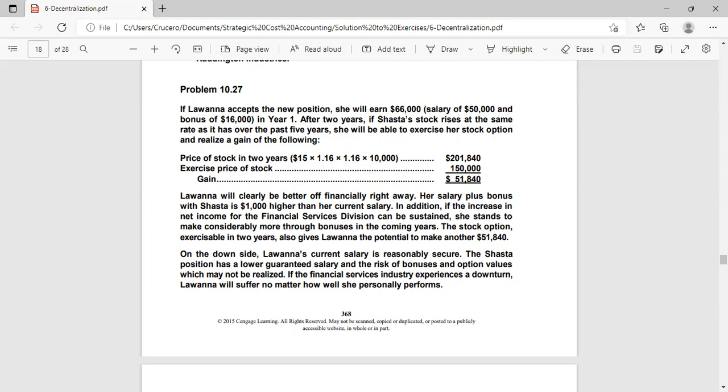The Shasta position is a lower guaranteed salary and the risk of bonuses. So her guaranteed salary with Shasta is only 50,000. However, the risk of bonuses and option values may not be realized if the financial services industry experiences a downturn. Lawana will suffer no matter how well she personally performs.